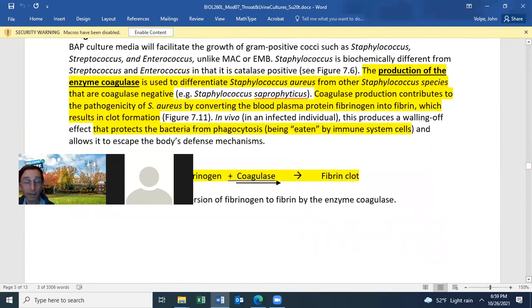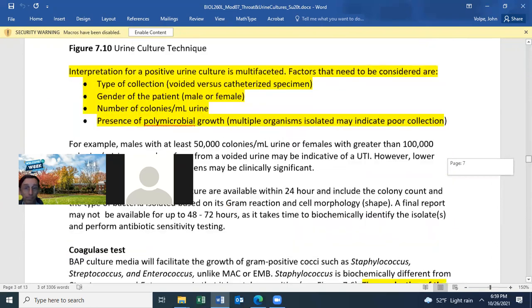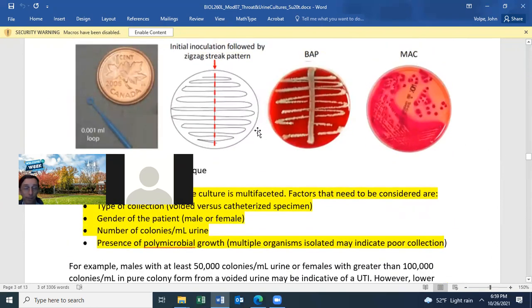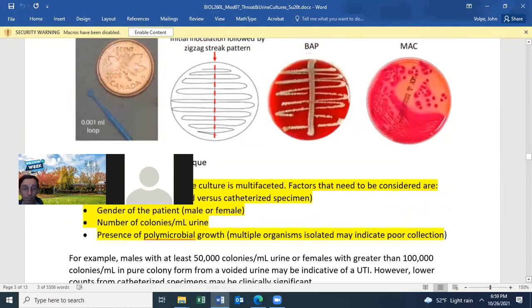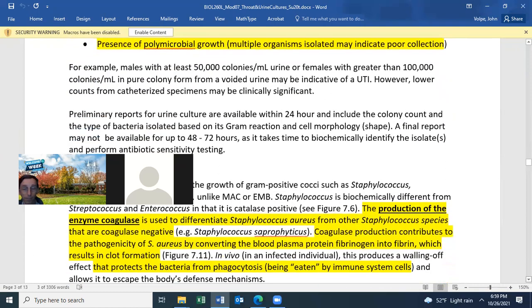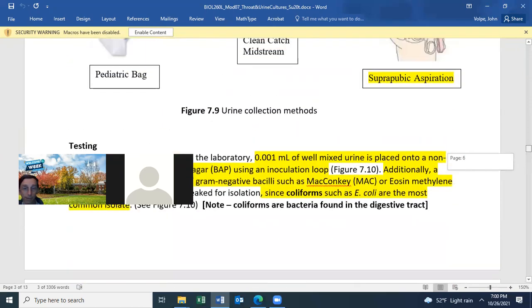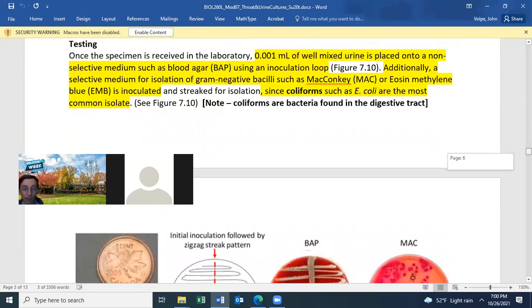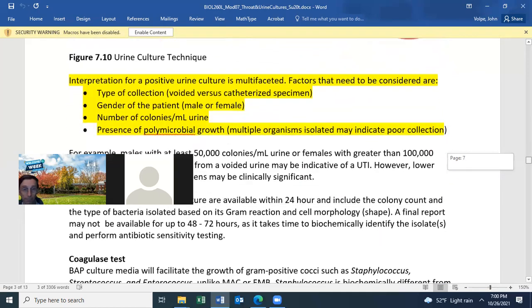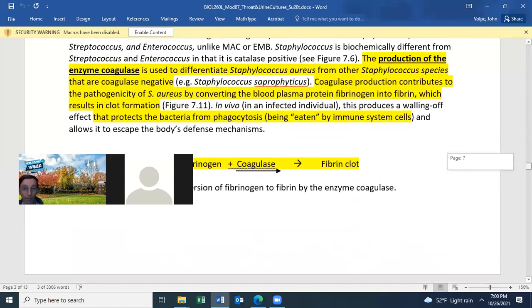All right, a couple of tests are used once you get bacteria growing that are isolated from the urine. Remember, if you use the clean catch method, you're going to get a lot of normal bacteria growing, so you need to run the test.